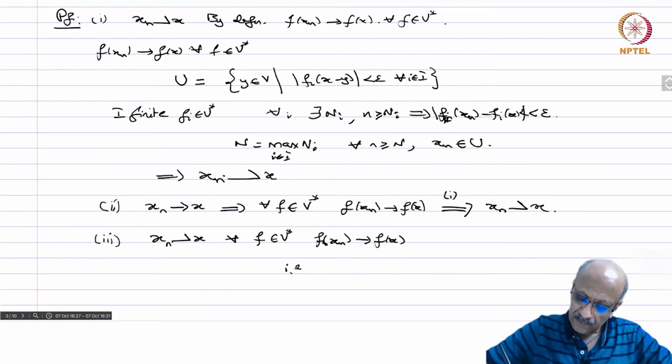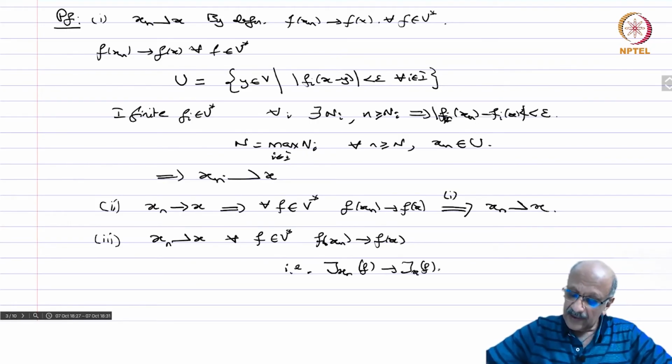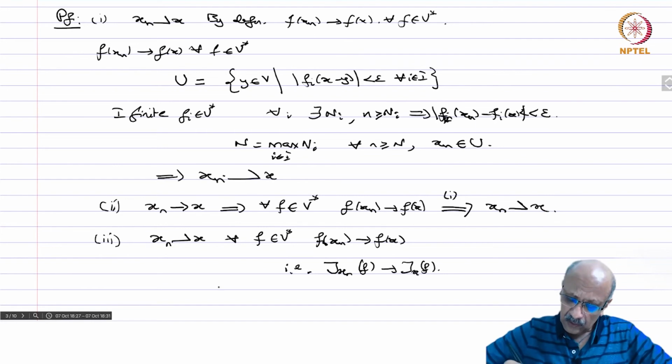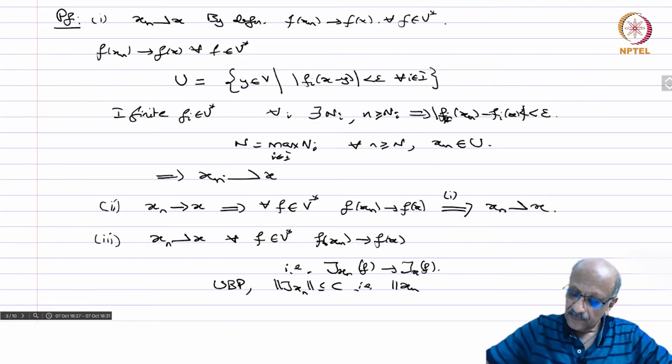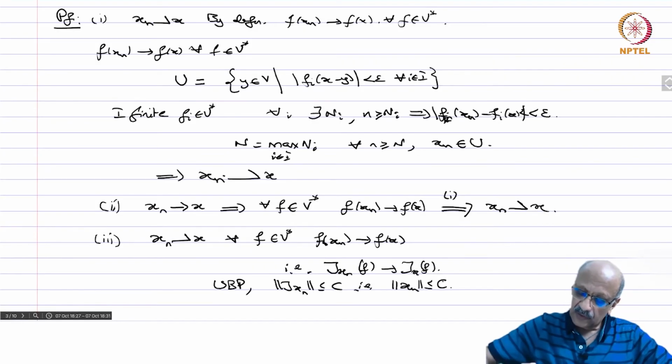That is, J x_n(f) converges to J x(f). And this implies, by the uniform boundedness principle, that ||J x_n|| is less than or equal to c, that is ||x_n|| is less than or equal to c. So this shows that the sequence is bounded.